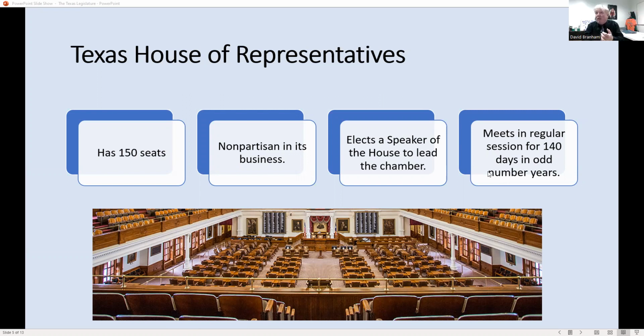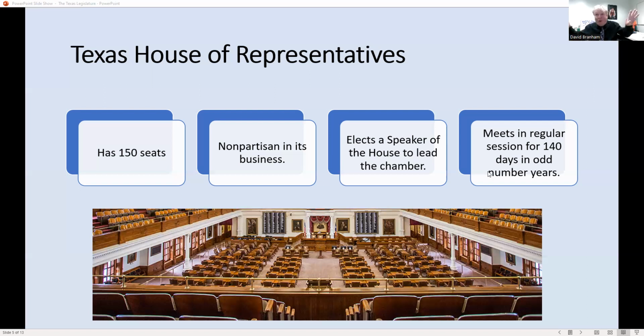It's not unusual then for there to be a Democrat chairing a committee in a House with a Republican majority. That's not unusual, or vice versa. When Democrats were the majority in the House, Republicans sometimes chaired committees. So it is nonpartisan in its business.